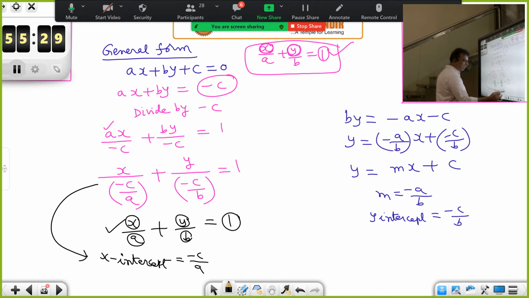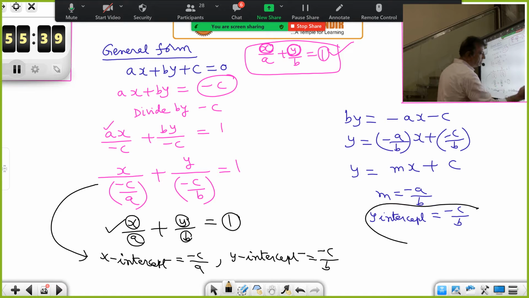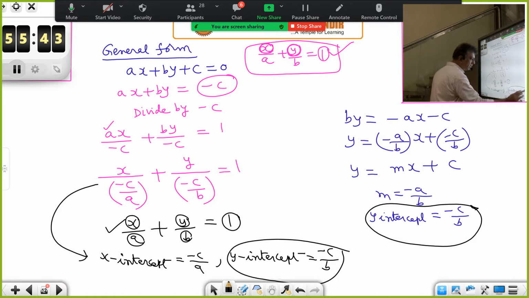What is the y intercept of the line? Minus c by b. Here you see, here also y intercept is minus c by b. Here also same thing we get. Do you understand?